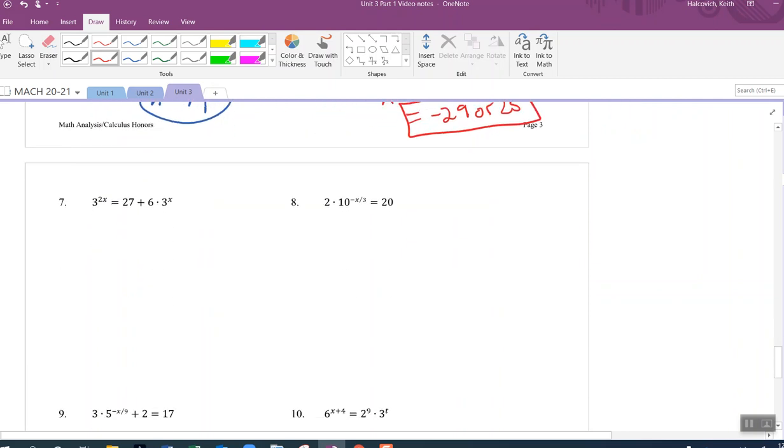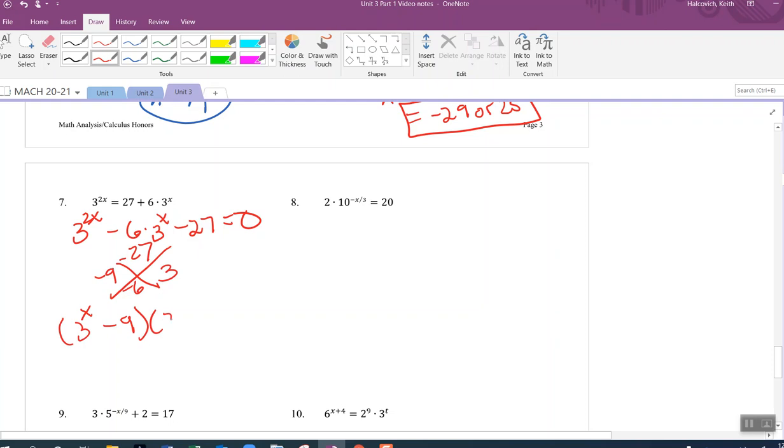All right, number 7. This one is a quadratic. It's 3 to the 2x minus 6 times 3 to the x minus 27 equals 0. So the factors of negative 27 that add to negative 6 are negative 9 and positive 3. So you have 3 to the x minus 9 times 3 to the x plus 3 equals 0.